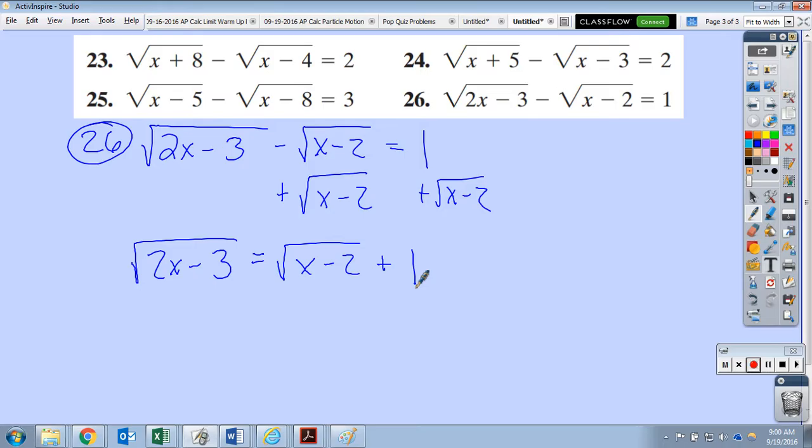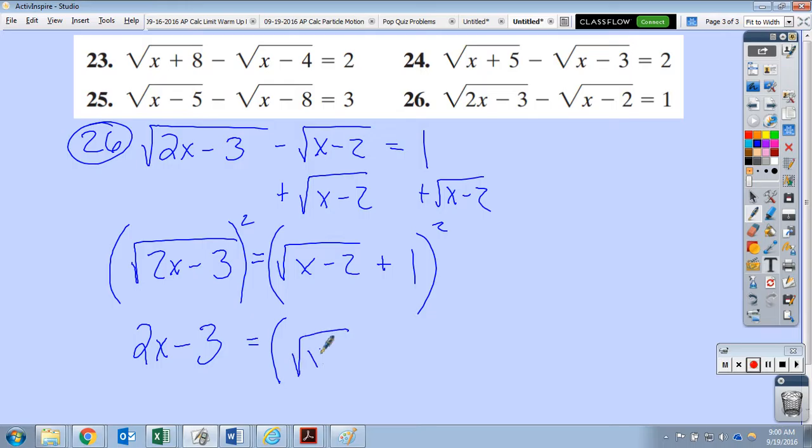All right, and the next step would be to square both sides. So if I square this side and I square the right-hand side, if I square the left-hand side, I would simply just have 2x minus 3. And when I square the right-hand side, let's do it the long way so that we know we don't make a mistake.